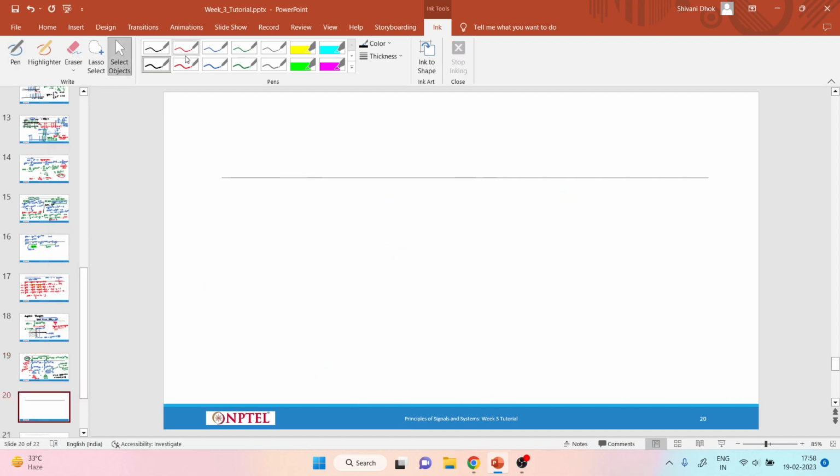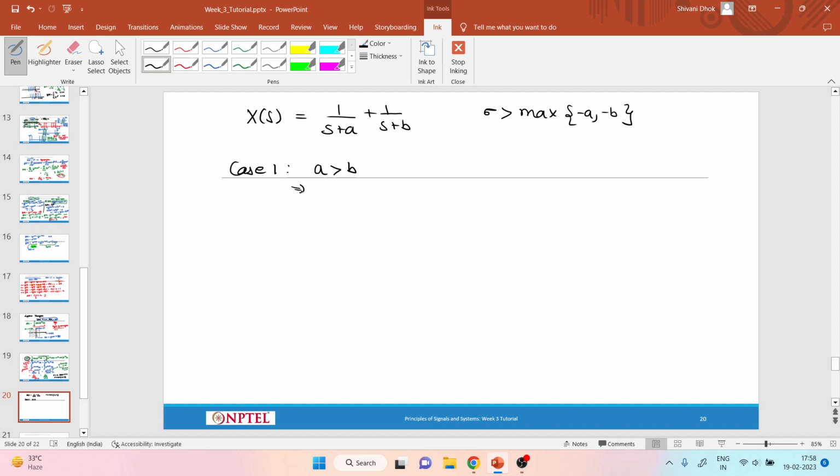So let us try to plot it. What we are getting is x of s is equal to 1 upon s plus a plus 1 upon s plus b, where your sigma is greater than max of minus a, minus b. Okay, so case 1, your a is greater than b, which means that your minus a is less than minus b.